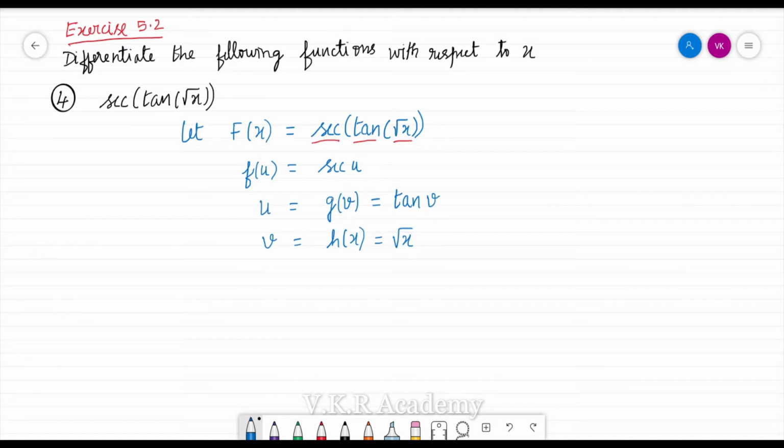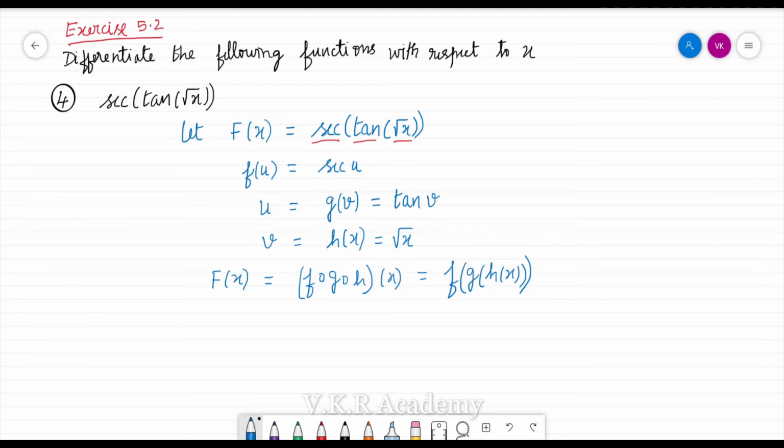So the given function capital F of x is the composition of three functions: h composite g composite f, so F of x is equal to f of g of h of x.